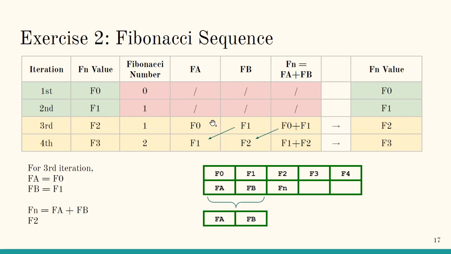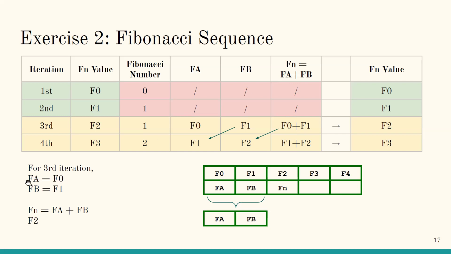And then you will start to do the iteration in the third one. The third one, of course, is F0 plus F1, and for the value of F3, F1 plus F2. So here you are doing a simple addition in your loop, and then you substitute the result of this to Fn.